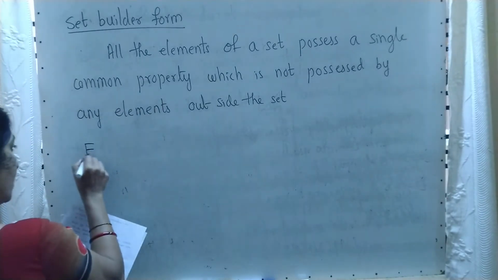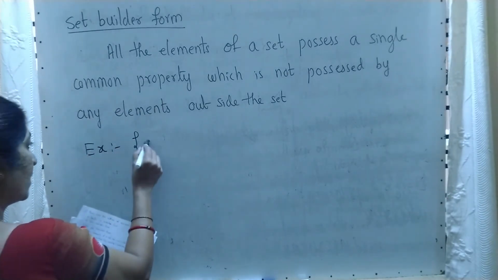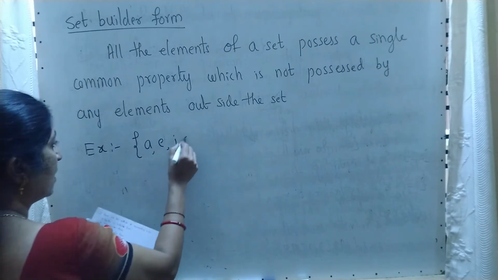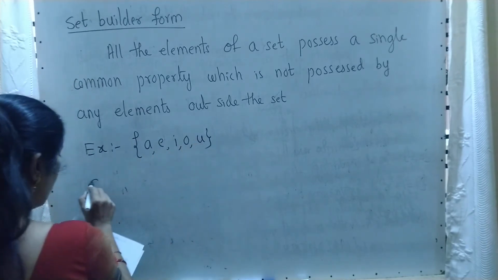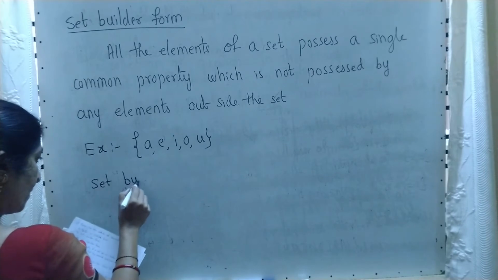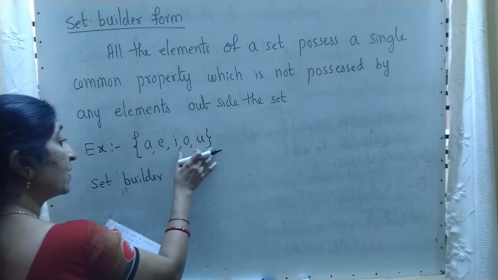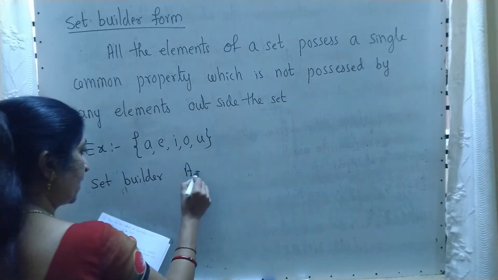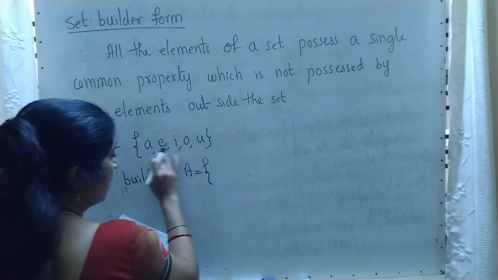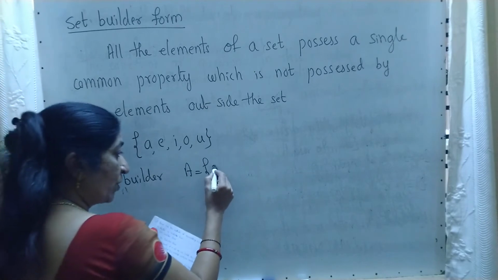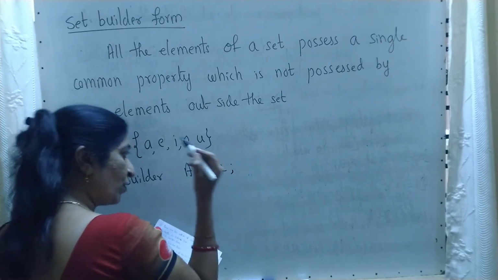See, example, here the set is given as A, E, I, O, U. In set builder form, you have to write the rule under which they are written in the form of a set. I am taking it as A. So these are elements. These elements I am denoting by X, and this is the symbol for such that.